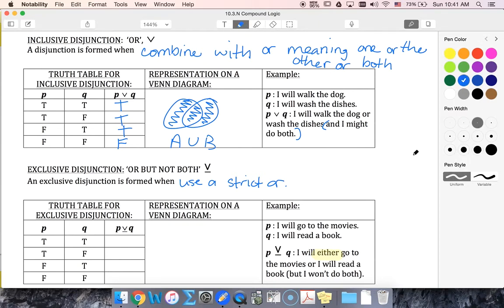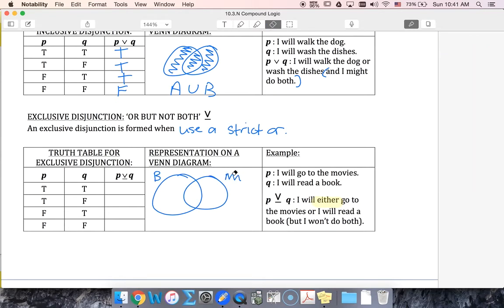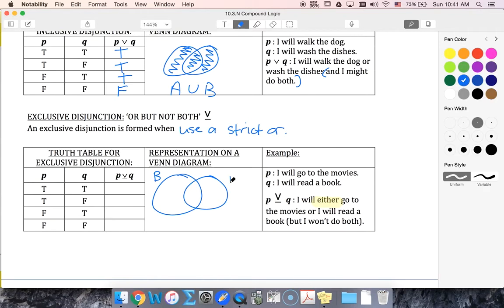So on the Venn diagram, if we had reading a book or going to the movies. Oops, let's make that actually an M. So I will either read a book or I will go to the movies, but I won't do both. So to put this into a Venn diagram symbol, we would have to say not the intersection.